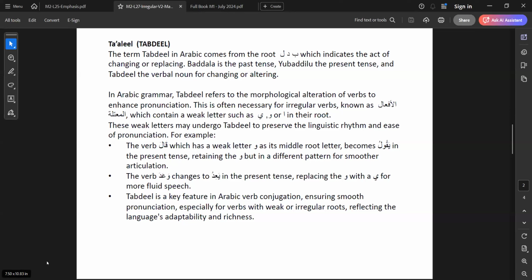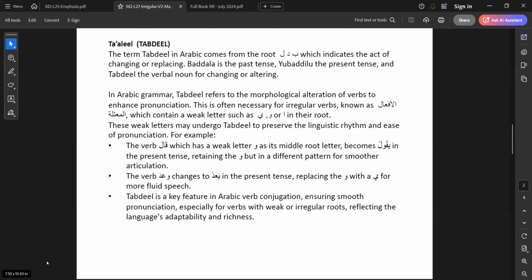Two broad categories, Sahih, Ghayr Sahih. In Sahih, there is one group. In Ghayr Sahih, you have Mahmuz, Mu'tal, and Muda'af. Good. Mahmuz, you've got any of the kalimas that have a Hamza in it.